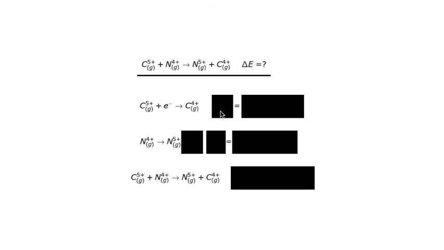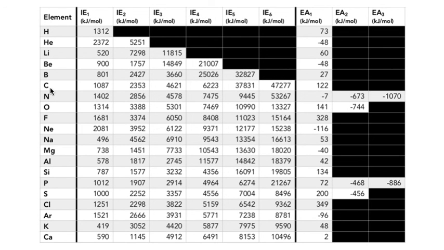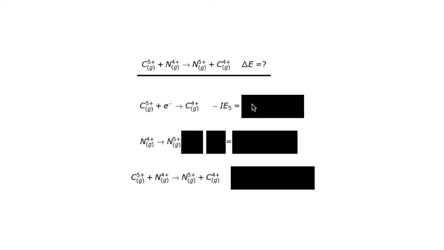So in order to use that value, we just recognize that the reverse of that would be negative of the 5th ionization energy. And so if we look up the 5th ionization energy for carbon, 1, 2, 3, 4, 5, here we have it. We can bring that value, and here's negative 37,831 kilojoules per mole.